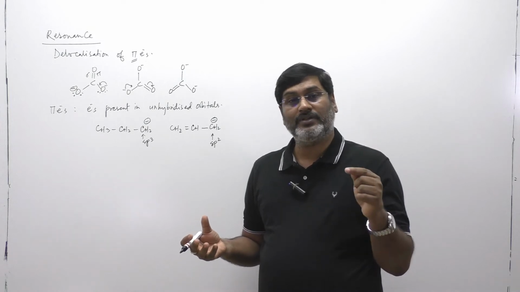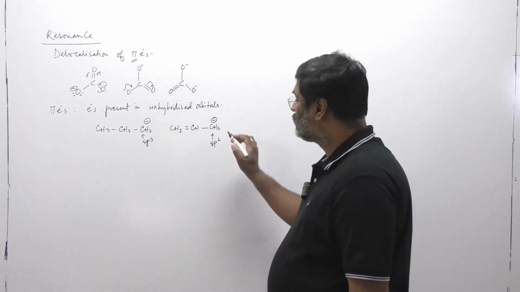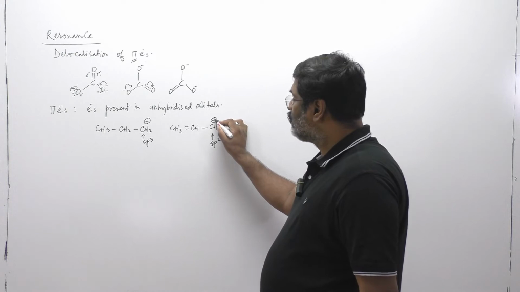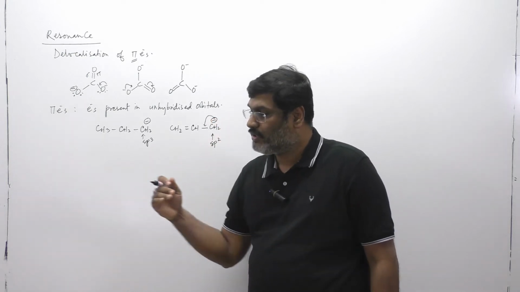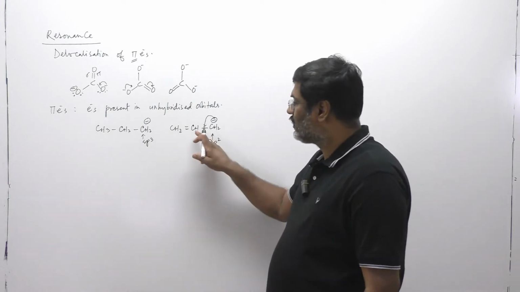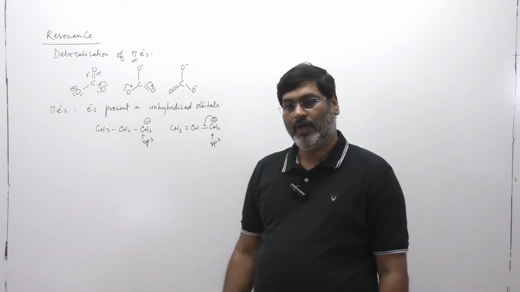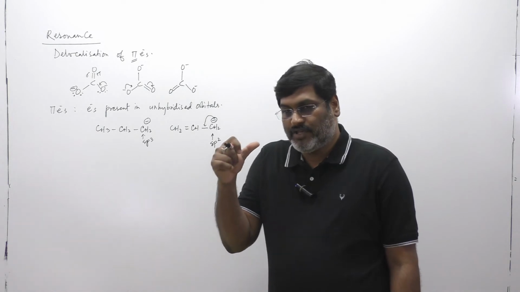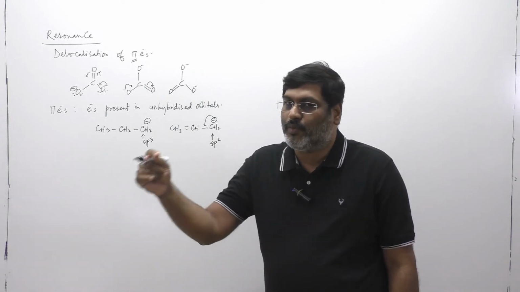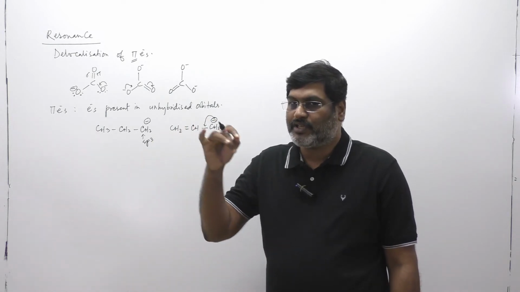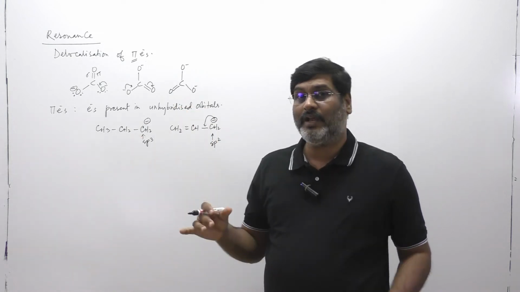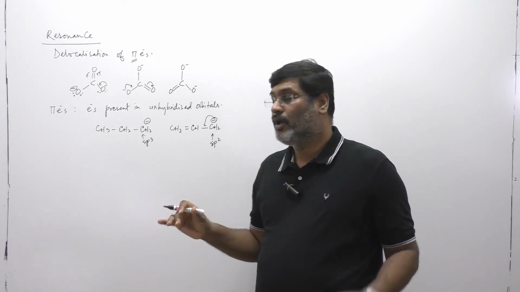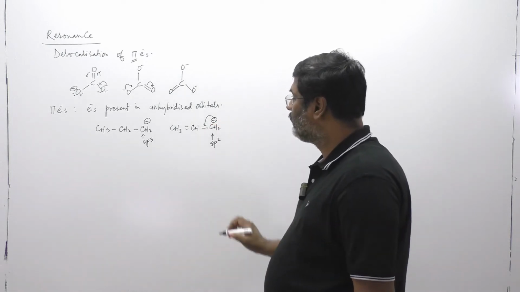It is not participating because it assumes greater stability when it moves. It interacts with this one. So if this is sp3, then this cannot move. If it is sp2, then it can move. And if it is moving, then it will have greater stability. So it prefers to move here.